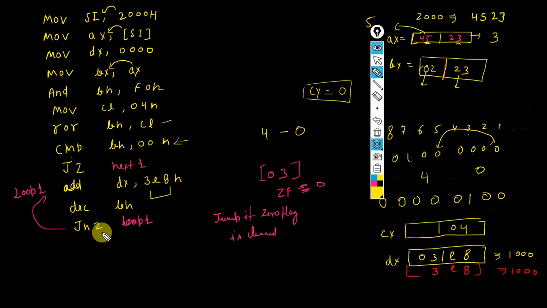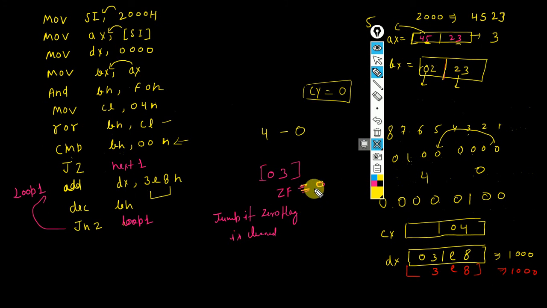And JNZ, again your zero flag indicates this 0 value. So again jump if zero flag is 0. The zero flag is 0 in this case because in the BH register we have some value.